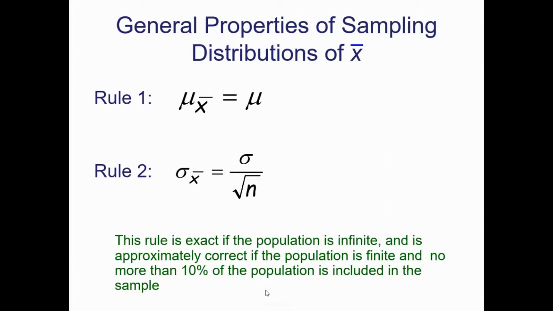Rule 2 says that your standard deviation of sample means is the standard deviation of the population divided by the square root of your sample size. So this is your standard deviation of your population. The N is your sample size.